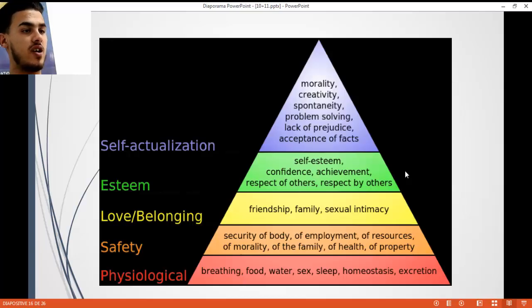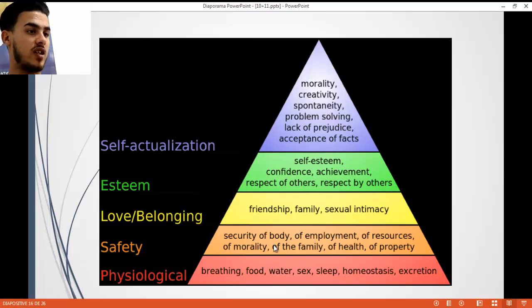So here we see the pyramid of needs or priorities. As you see here, we start with the physiological side: breathing, food, water, sleep, homeostasis, and excretion. Then we move into safety, which means the security of the body, of resources, of morality. Then we go up to love or belonging, which means friendships, family, and sexual intimacy.